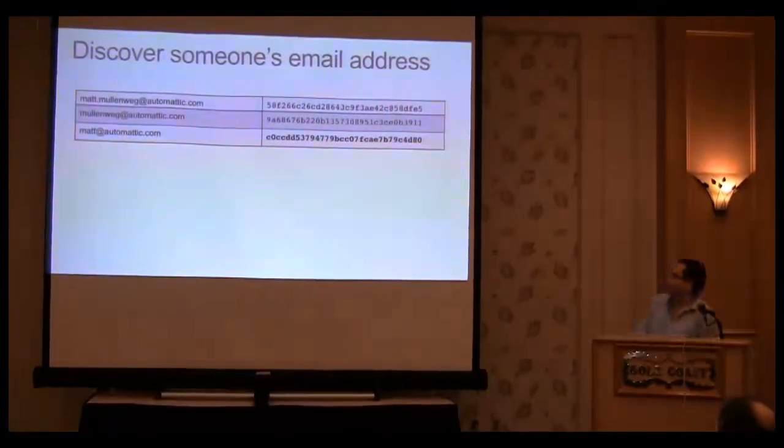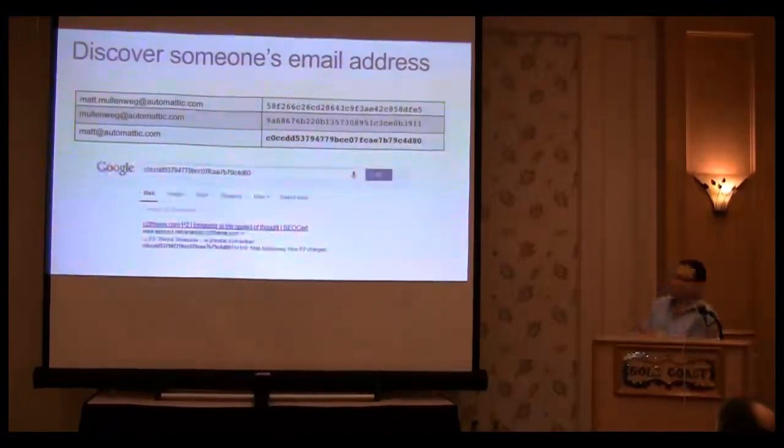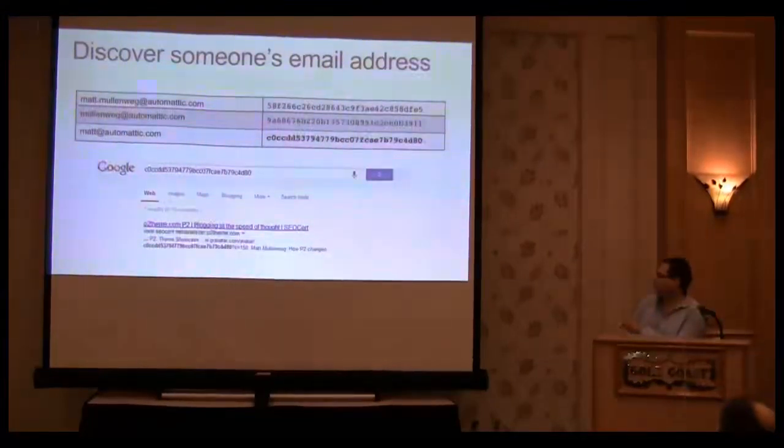So I hash all of these, I Google them, and okay, that's his email address, because I got a hit on Google with Gravatar, avatar, and so on. So it allows me to guess people's email addresses also, in some cases.